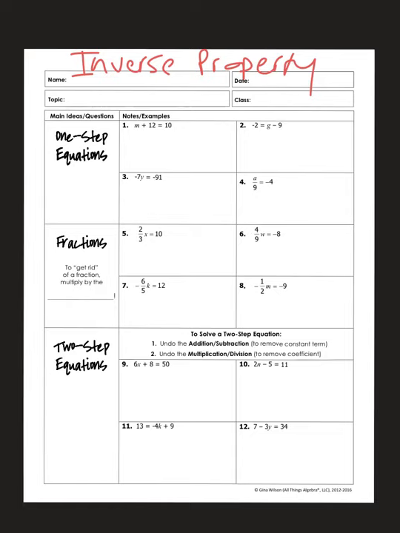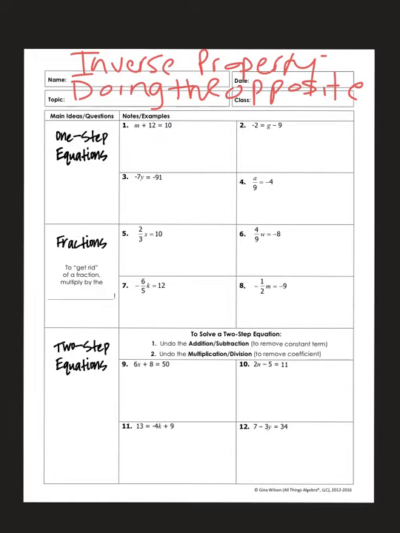If you don't remember, this is basically doing the opposite. In algebra, the way we solve equations is by undoing the things that have been done. Okay? We didn't see them get done. We didn't see these equations get created, but we're going to take them apart.